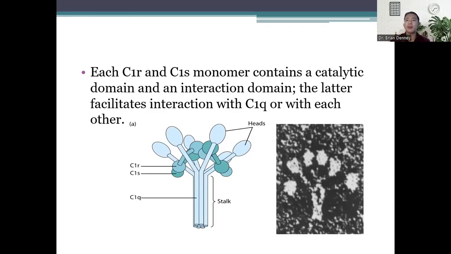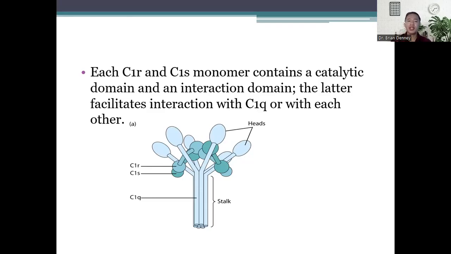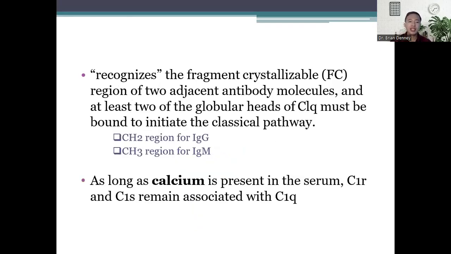They form a complex. And that is because of what ion? Calcium ions. So without calcium, you will actually see dissociation. No? You see separation of C1q, C1r, and C1s. And then what happens? You will not have activation of your complement system.